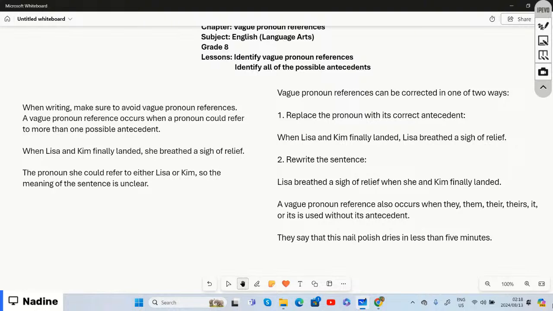Because a vague pronoun reference occurs when a pronoun could refer to more than one possible antecedent. And remember, a pronoun takes the place of a noun.